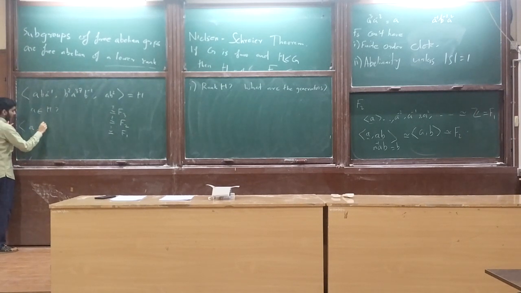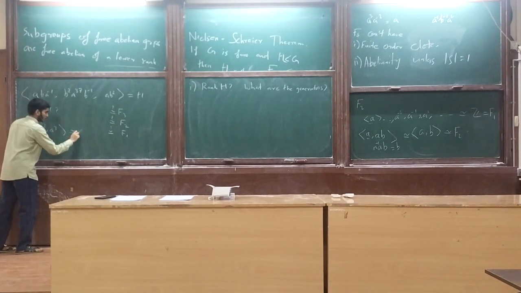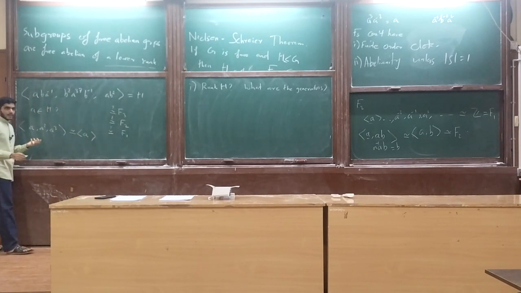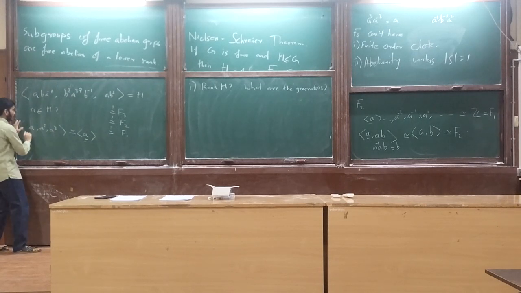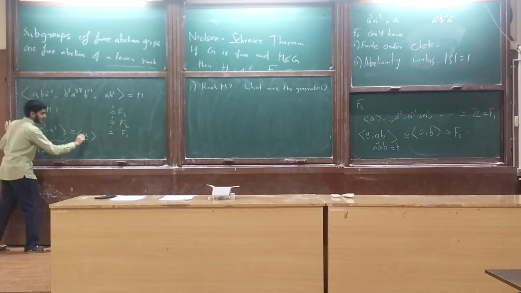Maybe I take a, a squared, a cubed, right? I take these three letters and I see the subgroup generated by them. This will be just the subgroup generated by A, and this is free on this one letter, so I know that the rank of this subgroup is in fact 1, and I know that the generator is A.